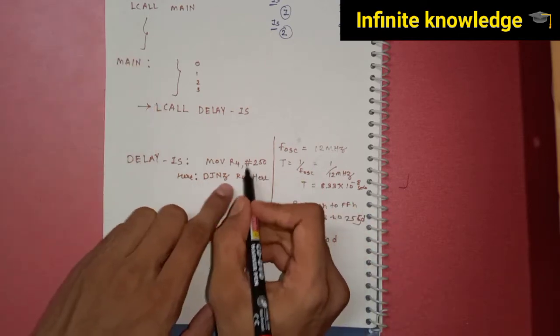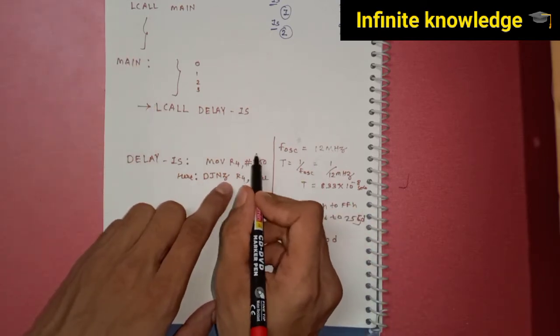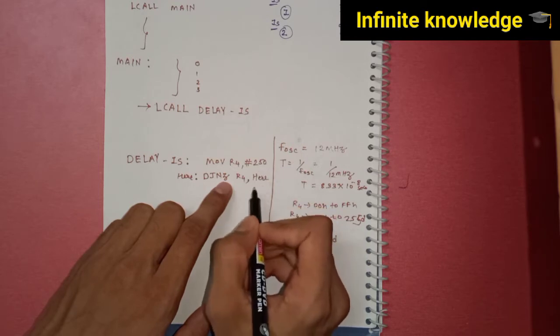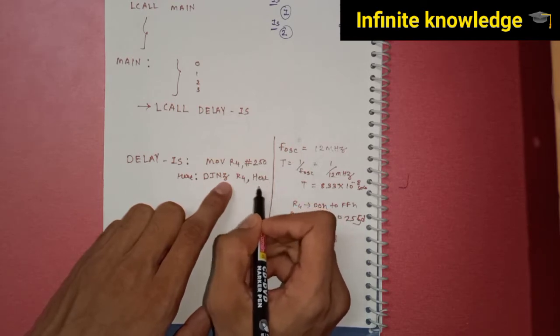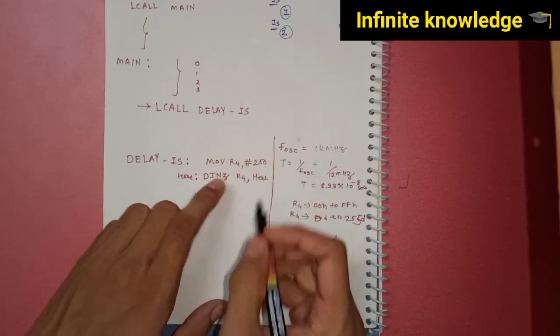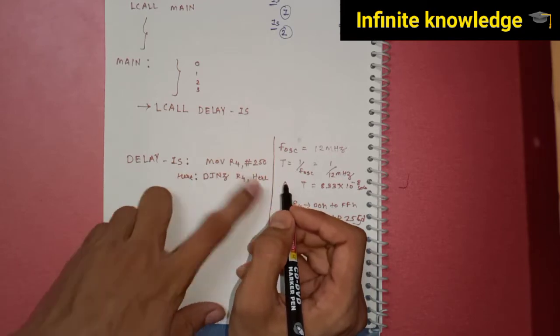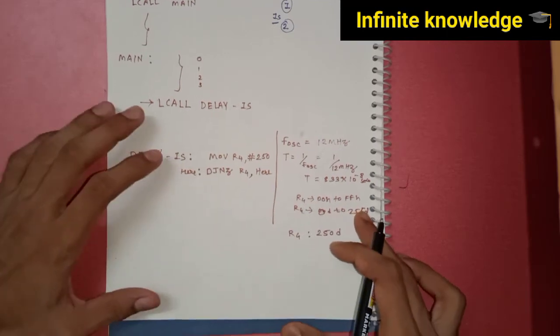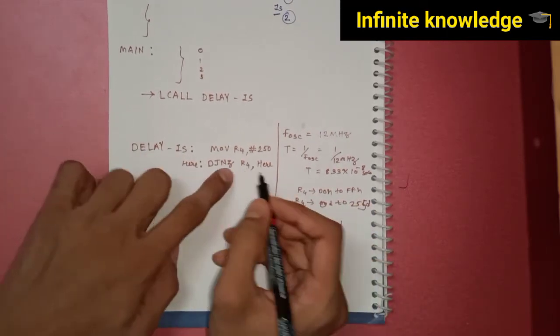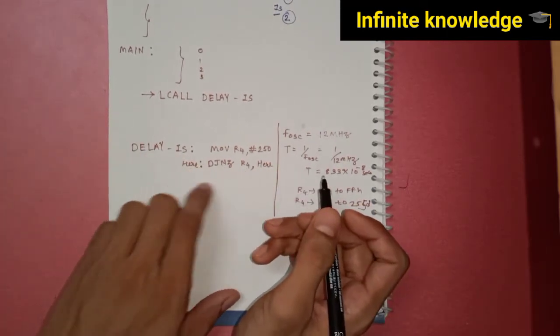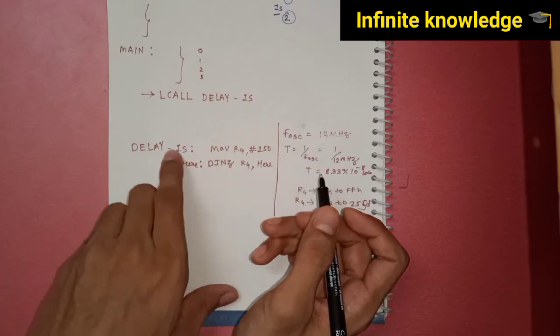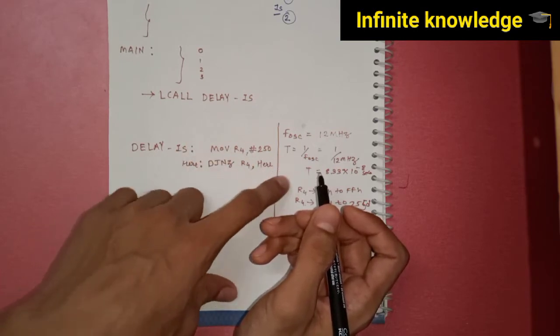It means R4 is decremented from 250 to 249, 248, 247 up to 0, and it will jump here. So first you have to know how much time this instruction gives us as delay.